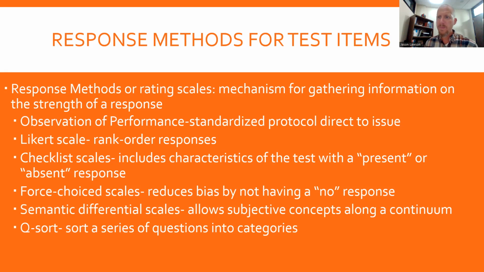For the Peabody example, there's a standardized protocol for what we have to say to a client to have them perform, and then we're observing their performance. We're guided by that standardized protocol to allocate a 0, 1, or 2 score for that item.